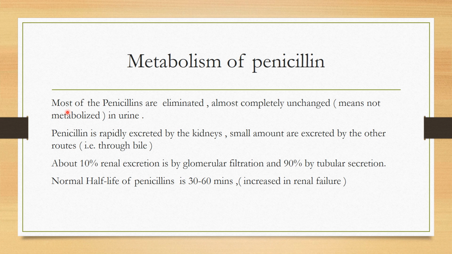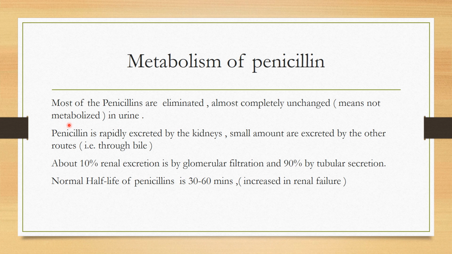Most of the penicillins are not metabolized in humans. Means that their chemical structure is not changed. If you remember, in the previous video we discussed the metabolism of drugs.